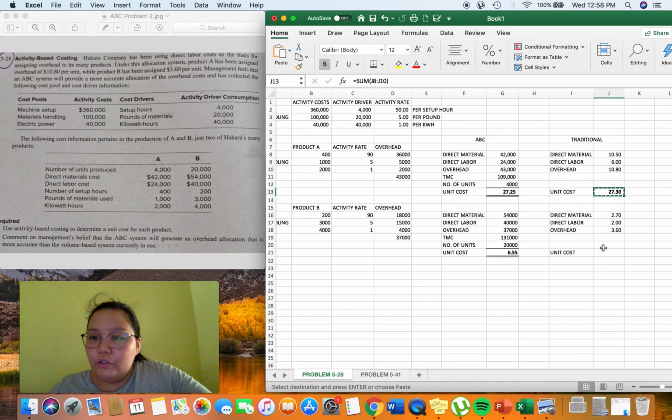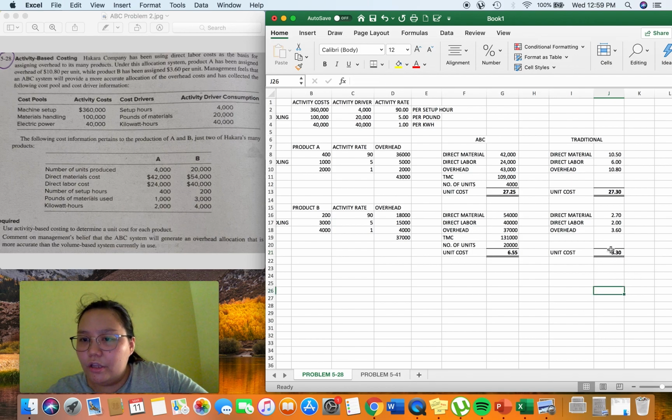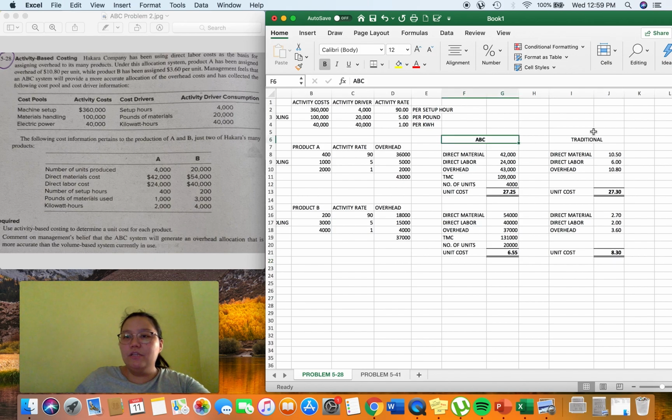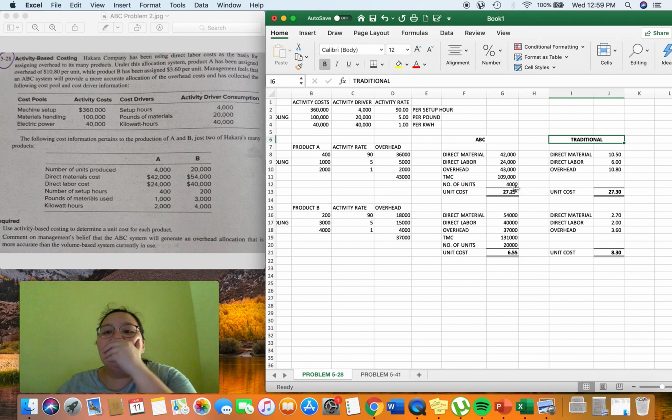So to compute for the unit cost, we simply add, diba? So the unit cost is at 8.3. So under ABC, under activity-based costing, the unit cost for product A as compared to the unit cost under traditional costing is, the difference is, I think, for me, negligible.